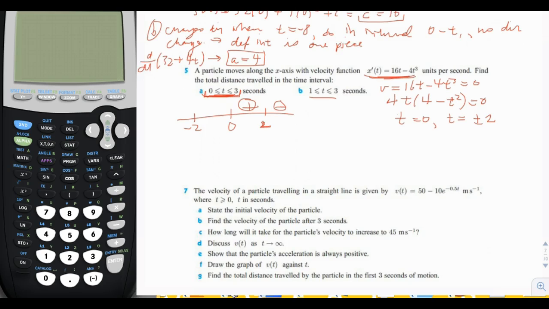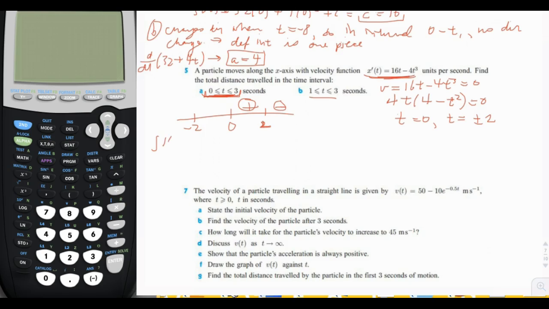Let's find the integral of the velocity function. That will give us the displacement function, which we need to know to find the total distance traveled. So, let's see.